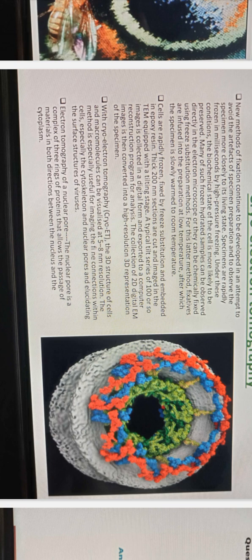So cells are rapidly frozen, fixed by freeze substitution, and embedded in epoxy resin. Thick 200 nm sections are cut and imaged in the TEM equipped with a tilting stage. A typical tilt series is 100 or more images collected in digital form and exported to a computer reconstruction program for analysis.